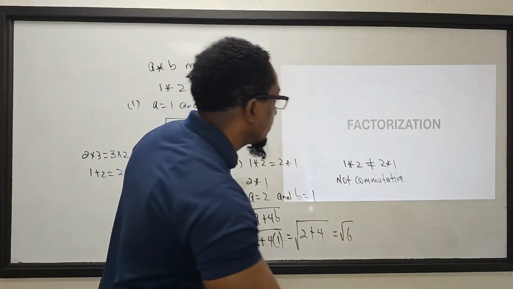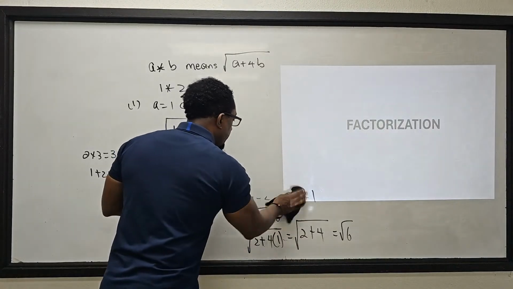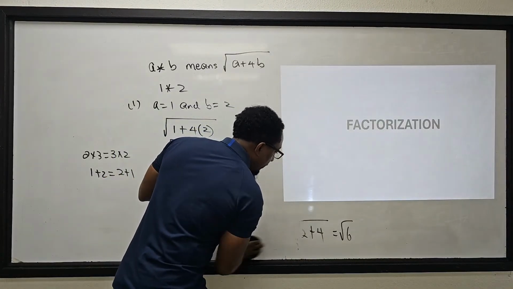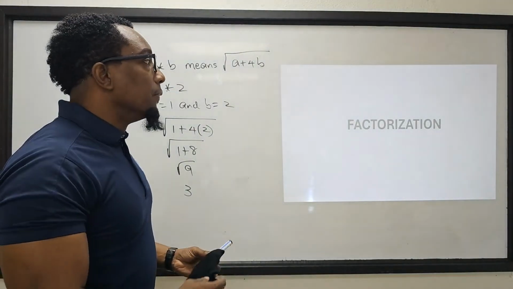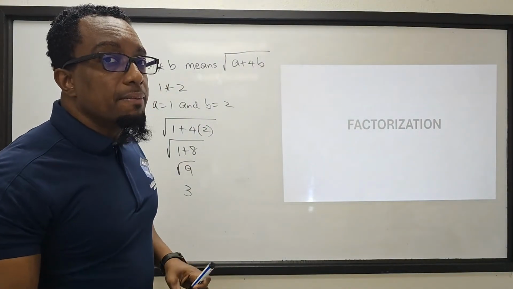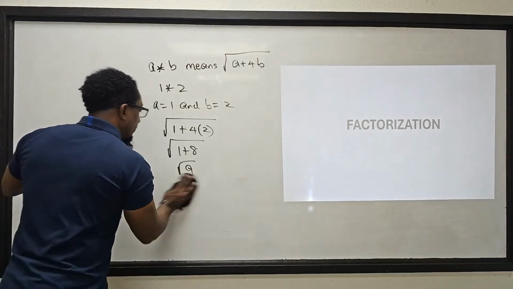Alright, let's move on. So we're looking at a few topics today, key topics under the algebraic component. We're looking at factorization, which we see in the exam almost every year. You're asked to factorize.